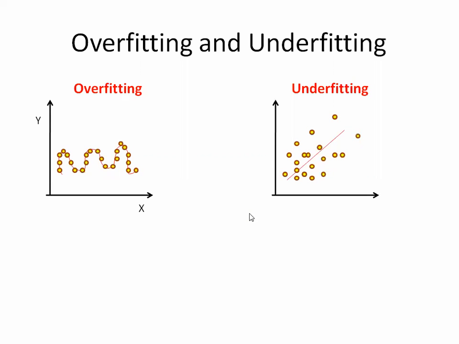In underfitting, this line is again the machine learning model, or hypothesis, or function. The dots are the data points, but this model doesn't concern itself with all of these data points. Hardly one or two points have been covered by this training model.